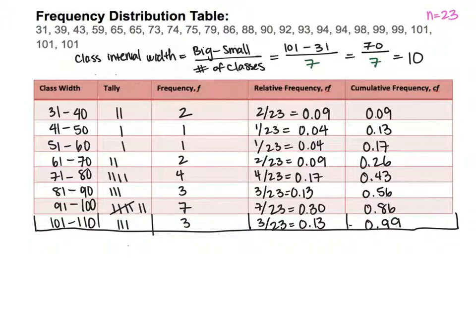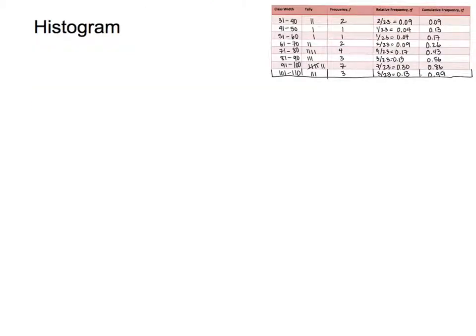From here, the next thing I'm going to do is graph a histogram in the next slide. So we're going to make a histogram next, which is basically a bar graph with no gaps. I took a screenshot of my frequency table so that we can see the data points, because we're going to be graphing the frequency.